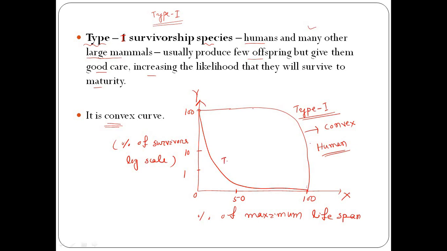This is the type 3, and a good example is oyster. Here the mortality rate is very high during the young age, and that's why very few individuals enter into maturity and lead to old age.